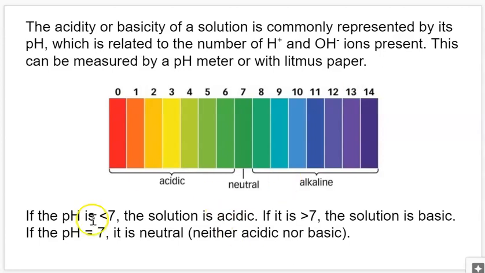In general, if a pH is below 7, we consider that solution to be acidic. If it's above 7, the solution is basic or alkaline. And if the pH is equal to 7, we consider it to be neutral, which means it is neither an acid nor a base, which doesn't mean that there aren't hydrogen ions or hydroxide ions present, but they're in equal concentration to each other to the point where they make water molecules and become neutral.